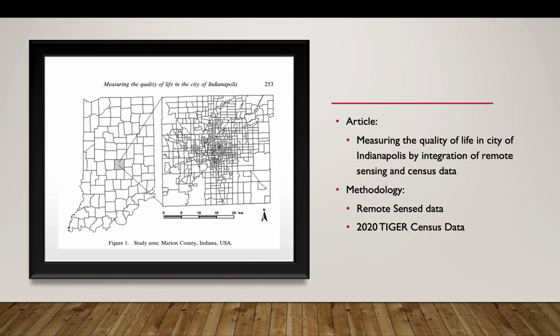The article I picked to write my paper and make these slides is called Measuring the Quality of Life in the City of Indianapolis by the Integration of Remote Sensing and Census Data. As you can see on the left, this is a map of the city of Indianapolis, and we decided to focus in particular on Marion County in Indiana, USA.